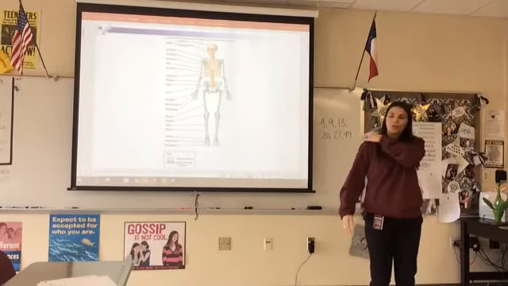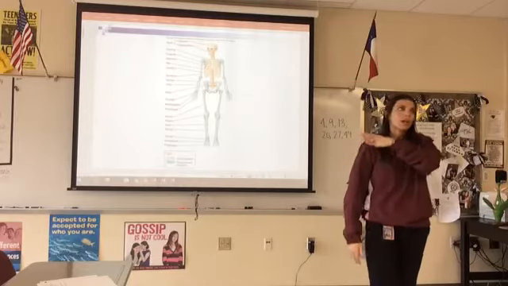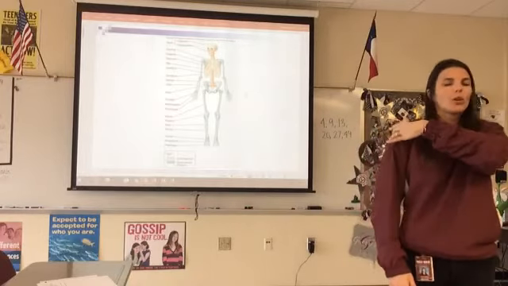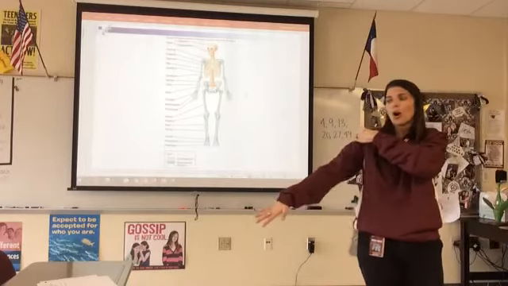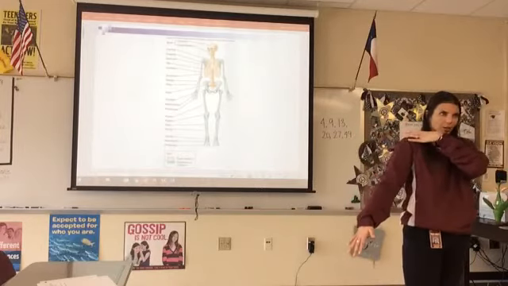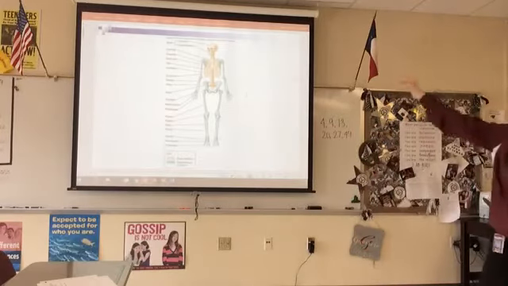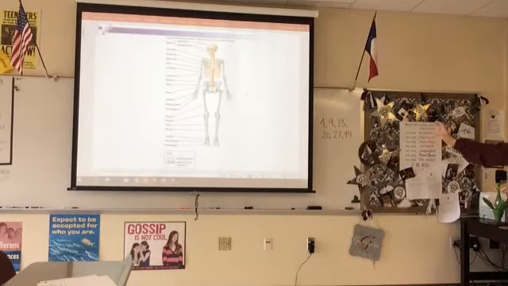For your arms, your girdle is your clavicle and your scapula. Those two come together to form a girdle so that your arm can attach to your axial skeleton. So that's why, even though they appear to be in the center with the axial skeleton, they're actually part of the appendicular skeleton. So this slide is color-coded.